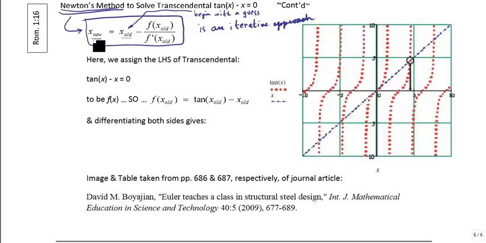So let's first of all look and see what we're talking about here. This is our equation: tangent of x minus x is equal to 0. And as we noted earlier on in the video, we're going to set our function value, f of x sub old.